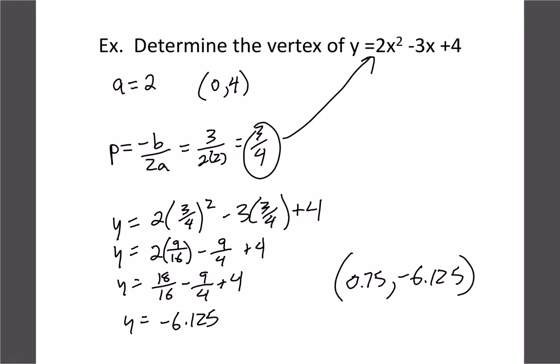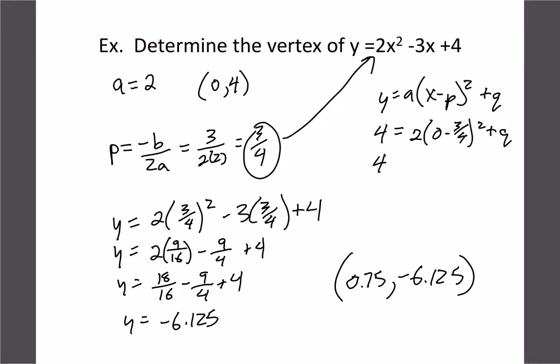Okay, so that works. And if we really wanted to, we could use the other formula, which might be easier. Let's try it quickly just to see. So instead of using our general form, if we were to switch to our x minus p form, we still have 0 and 4 for y. Our a was 2, and p we calculated to be 3/4.